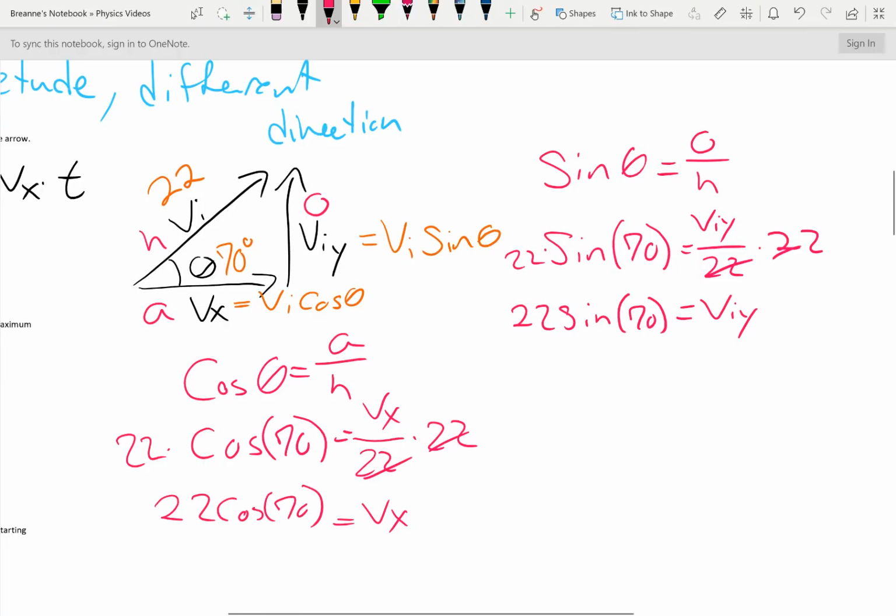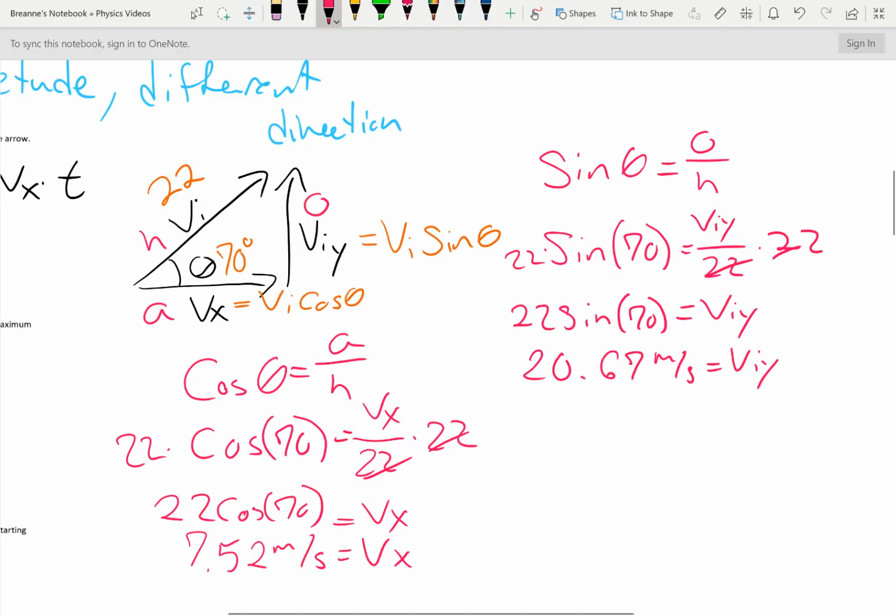And you just plug that into your handy dandy calculator. So you get 20.67 meters per second for your initial velocity in y, and you get 7.52 meters per second for your velocity in the x.